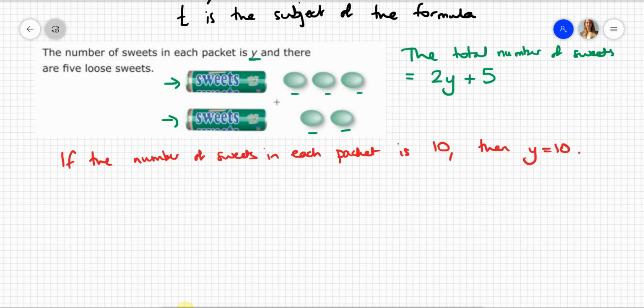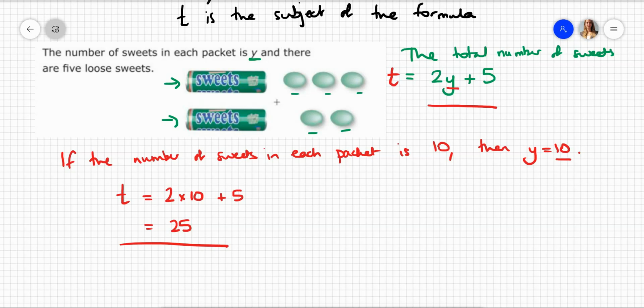And if we call this formula T, so T equals 2Y plus 5, that means then that T equals 2Y, but Y is 10, so 2 times 10 plus 5 is 25. So we've written the formula up here, and we've used the formula down here.